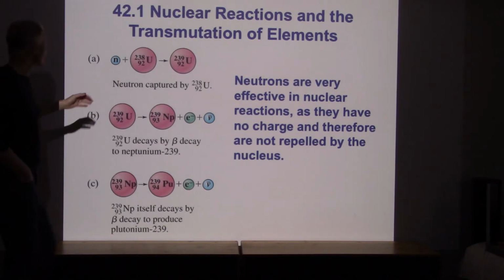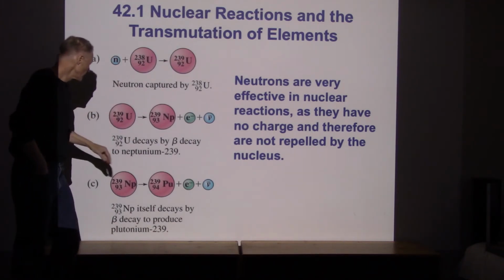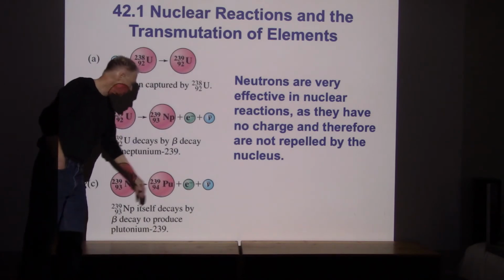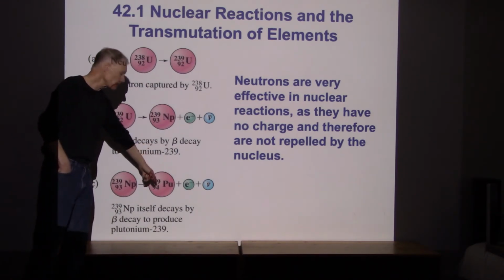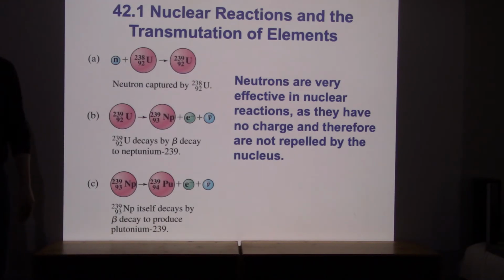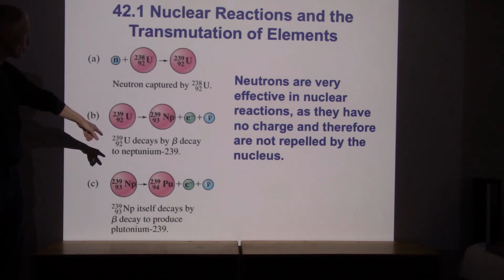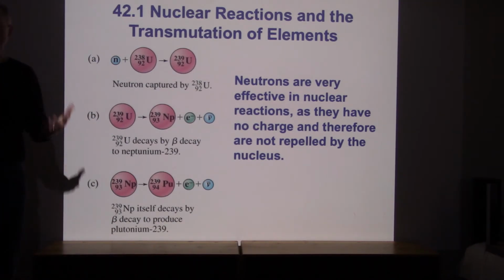But uranium-238 can easily be converted by these reactions into plutonium-239, and plutonium-239 also is a possible fuel for nuclear fission. So the idea would be then to take existing uranium-238, convert it into plutonium-239, and you're generating a lot of additional nuclear fuel for a fission power plant.